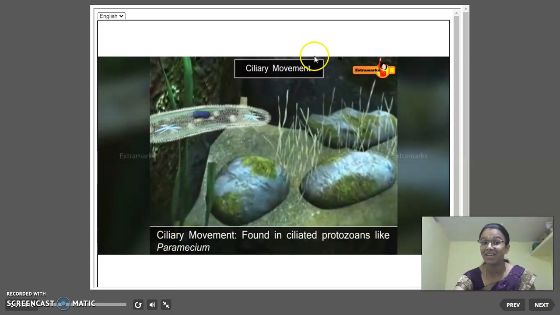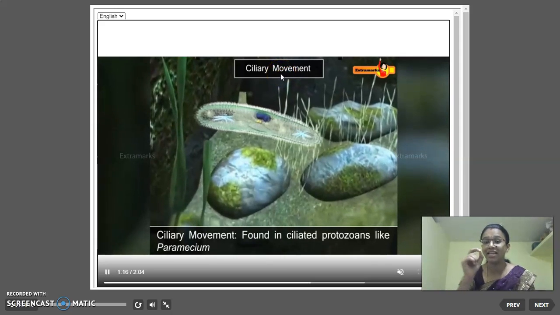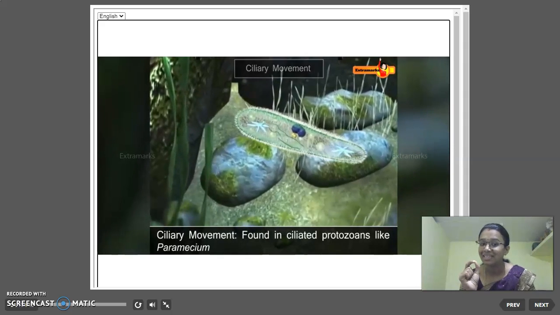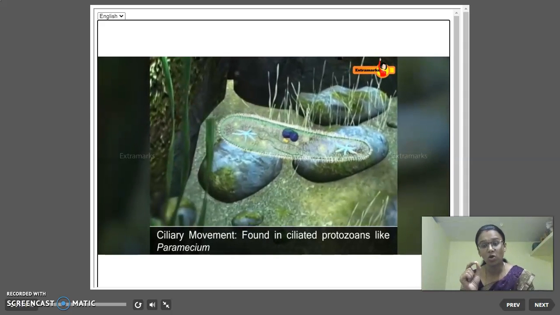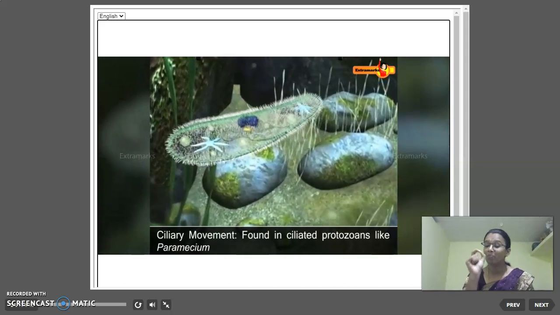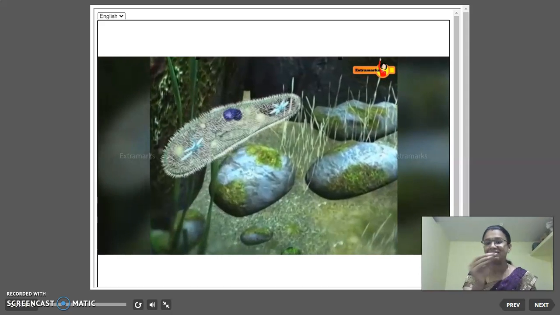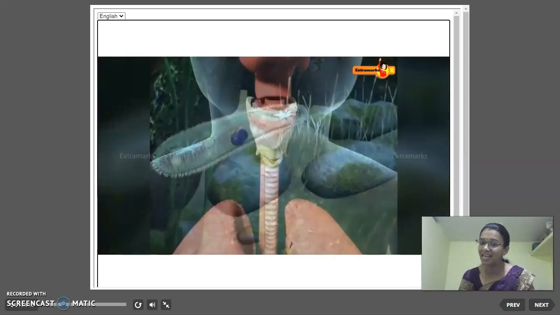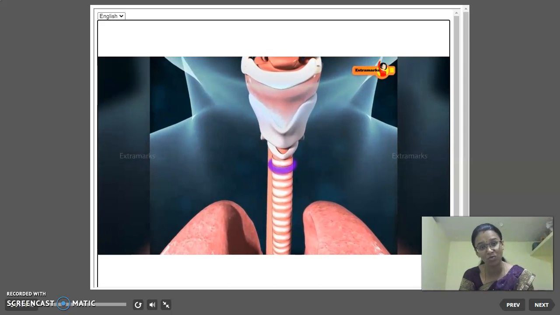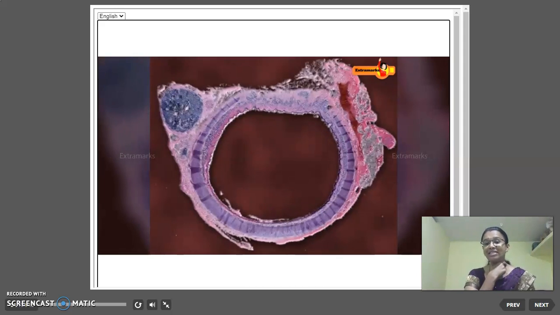And then the second one is ciliary movement. Cilia are tiny hair-like structures found on microscopic organisms. The movement by cilia is called ciliary movement. Movement by amoeba is called amoeboid movement; by cilia is called ciliary movement. Look at here. What is this?